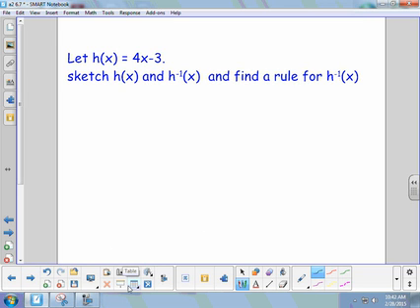All right, on this one, I've got let h of x equals 4x minus 3, sketch h of x and the inverse, and find a rule. When they say find a rule, that means find an equation. And I'm actually going to do that first. So switch my x's and my y's. I'm going to add 3 to both sides.